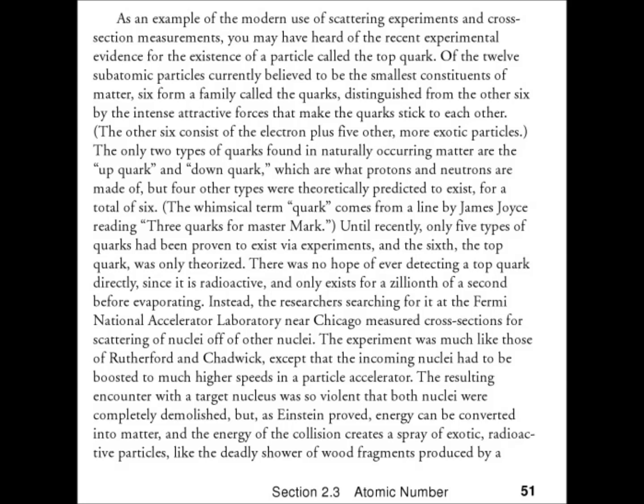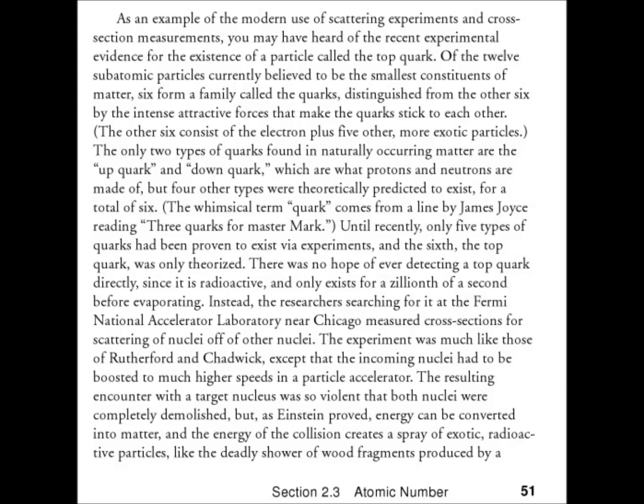The other 6 consist of electrons plus 5 other, more exotic particles. The only 2 types of quarks found in naturally occurring matter are the up quark and down quark, which are what protons and neutrons are made of, but 4 other types were theoretically predicted to exist for a total of 6. The whimsical term quark comes from a line by James Joyce reading "three quarks for Muster Mark."